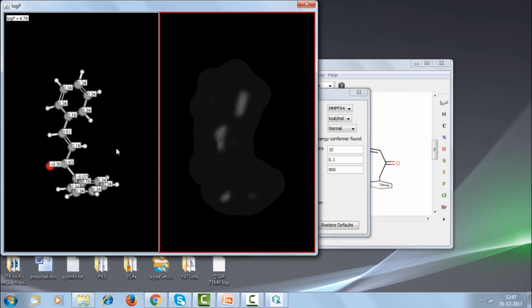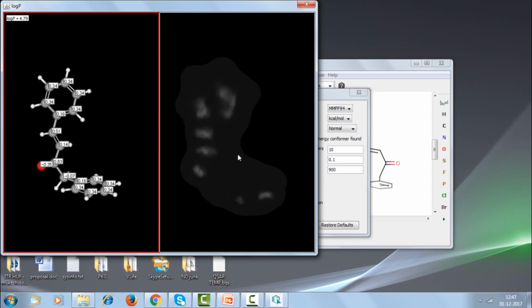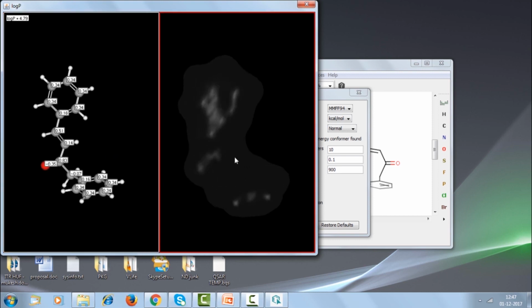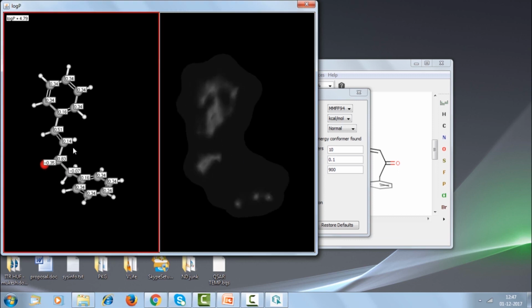So when you have a CH2 or an aromatic CH, they all contribute, so they all get added up, while oxygen gets a negative value. So that is the log P.